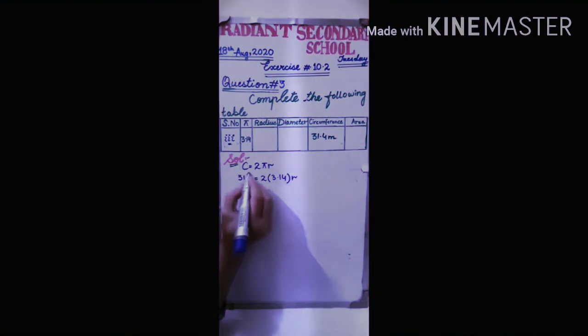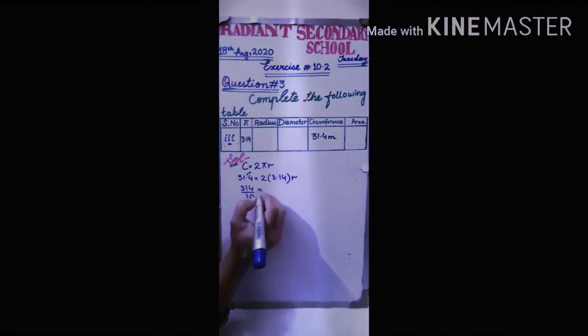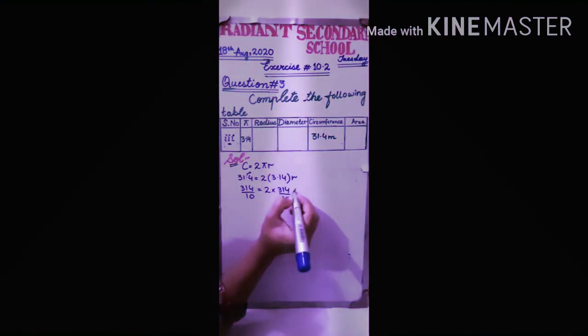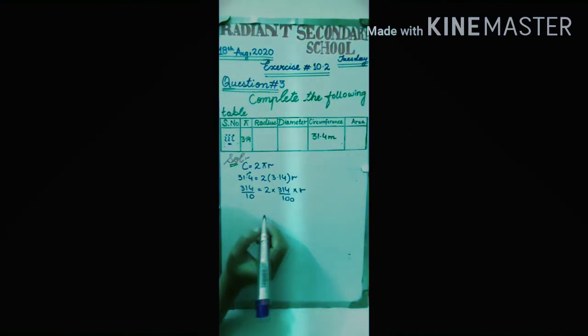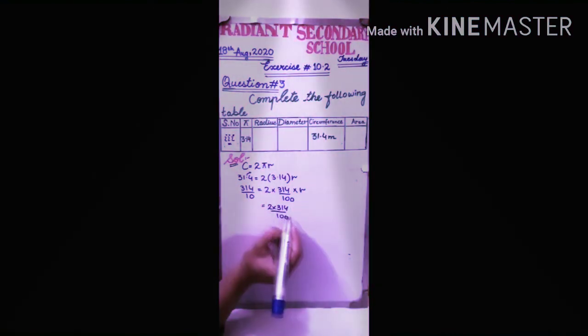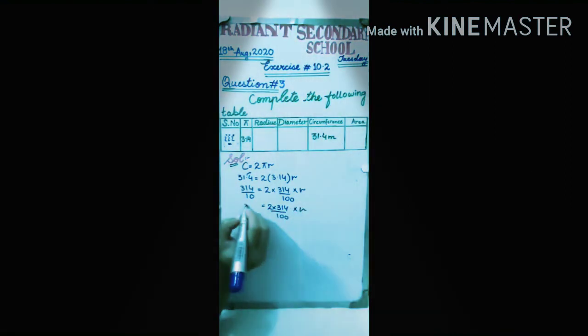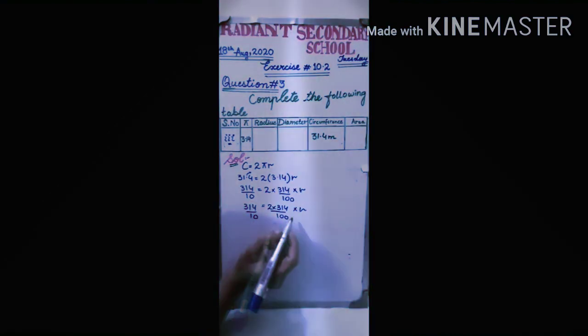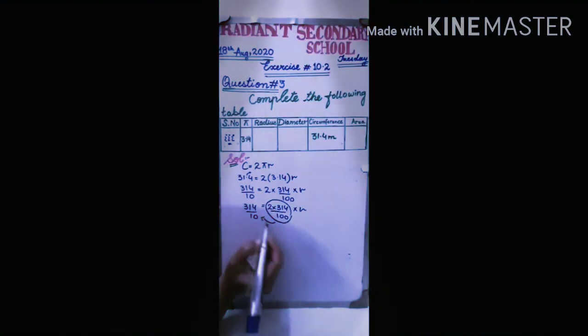Now remove this decimal point. It will become 314 over 10 is equal to 2 multiply by 314 over 100 multiply by r. 314 over 10 is as it is. Now you have to take that whole fraction on that side.